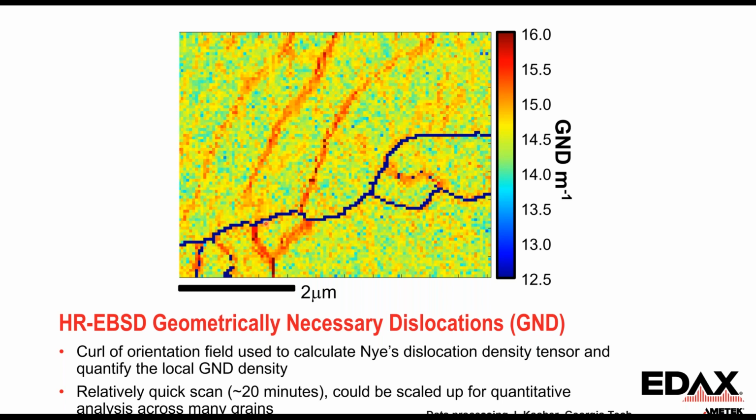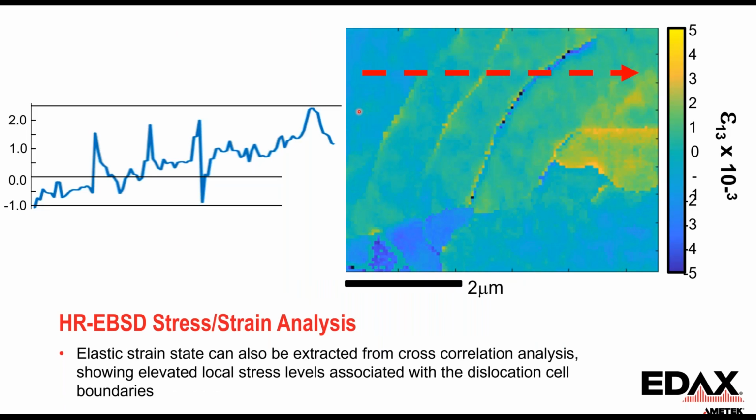You can see the high angle boundaries, and you can see the lower angle boundaries in the structure. And if we look across some of this, we can again see when it's in tension and when it's in compression in terms of the stress state present in the microstructure. Understanding that just helps say how you can engineer these materials better to take advantage of those strengths.